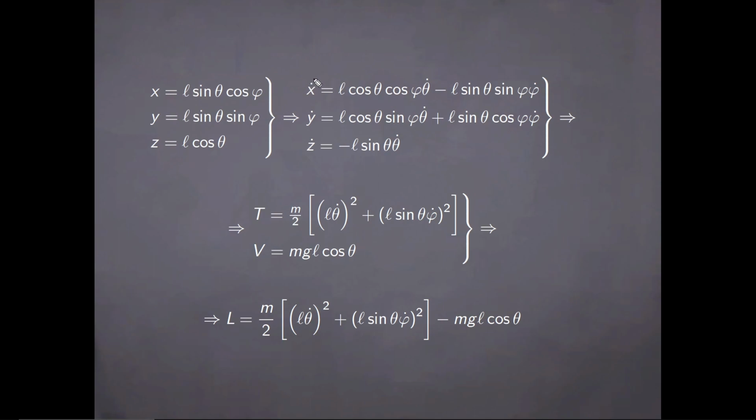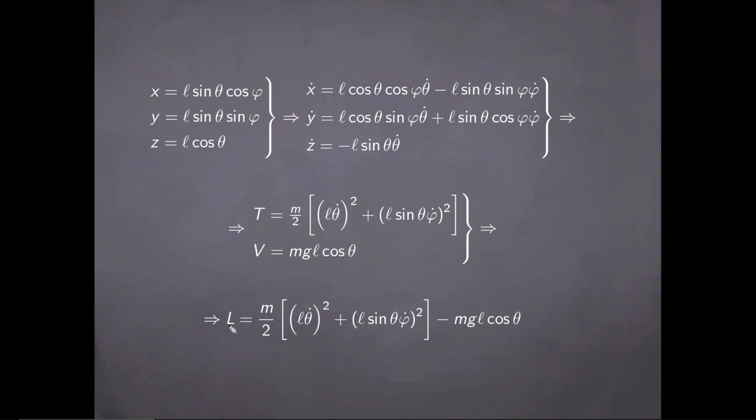We calculate the time derivatives of these quantities and the kinetic energy follows immediately, and the potential energy is the one written here. It's written in such a way that when the pendulum is vertical and pointing up, the potential energy has its maximum value, and when it's vertical but pointing down, it has the minimal value because of the cosine here.